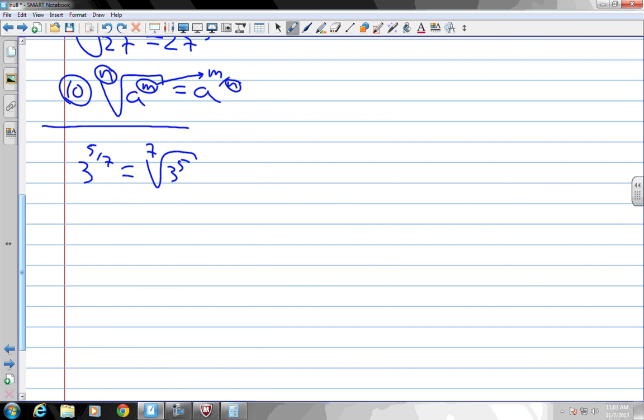So 3 to the power 5. Now, I don't know what it equals numerically. I'm just saying that that's the interpretation. The numerator is the exponent, the denominator is the index of the radical.